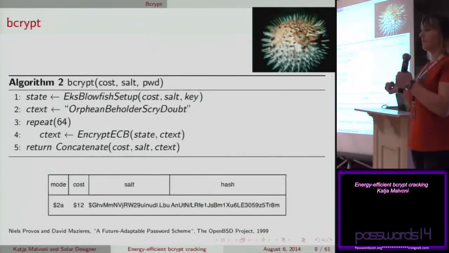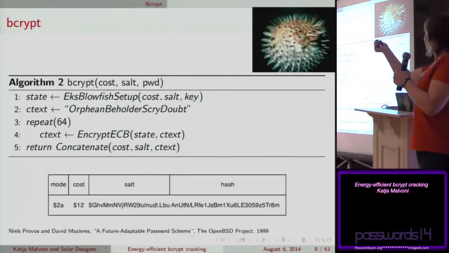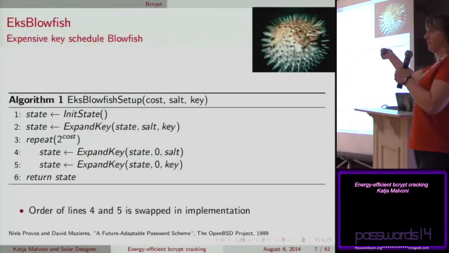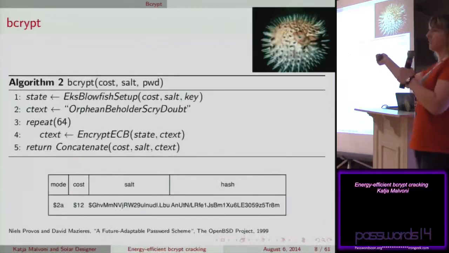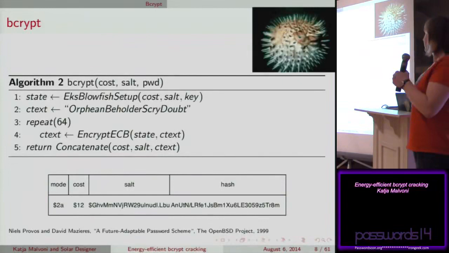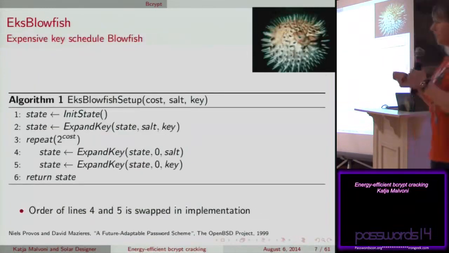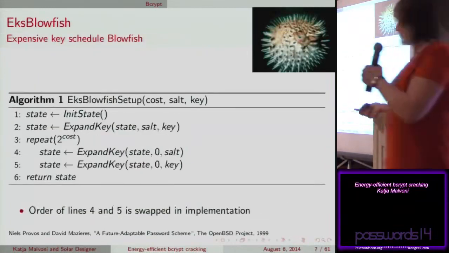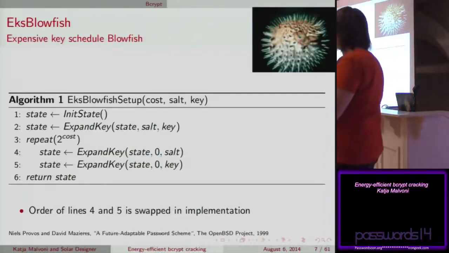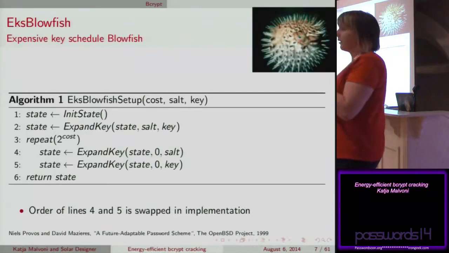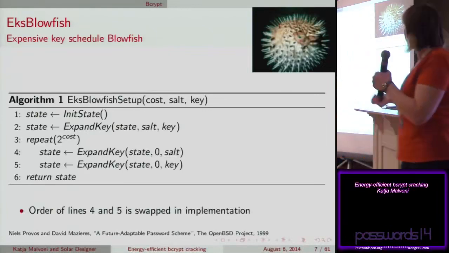The whole bcrypt algorithm uses what we just saw and encrypts the magic value 64 times in ECB mode. Another thing that is really important to notice is this loop. It's repeated 2 to the power of cost times, which means that the user chooses how many times it will be executed. So the user-chosen parameter determines computation time.